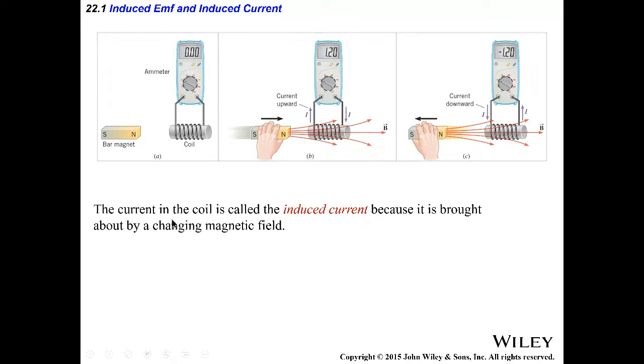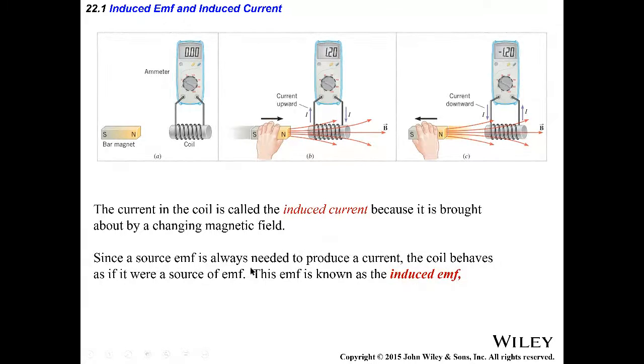Okay, so the current in the coil is called the induced current because it is brought about by a changing magnetic field, and they call this EMF.